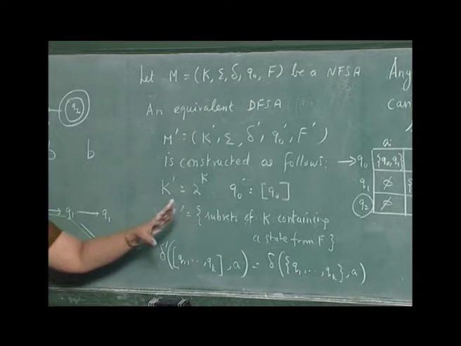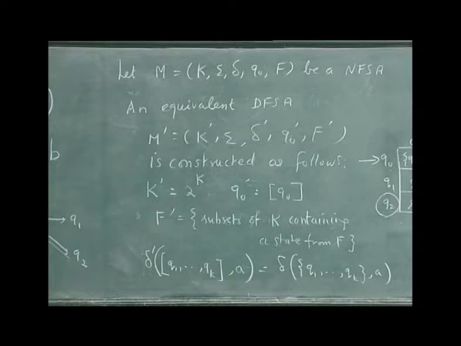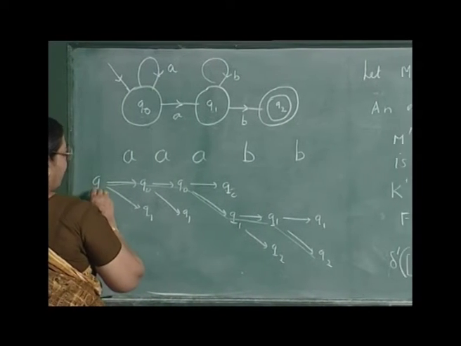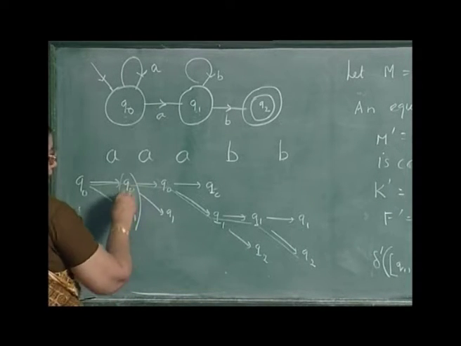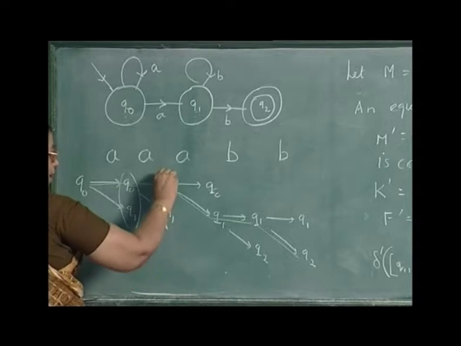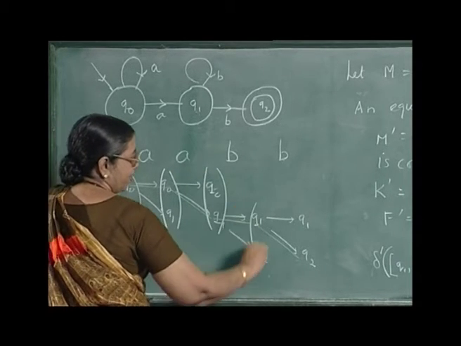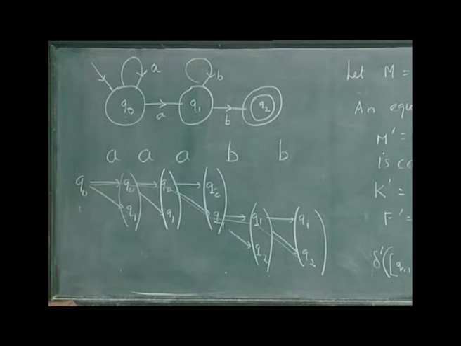This is the way we have constructed. Now, looking at this table also, you see that from Q naught, after reading a, you go to this state in the deterministic one, and then to this one and this one. So, if this subset contains a state from F, the string will be accepted.